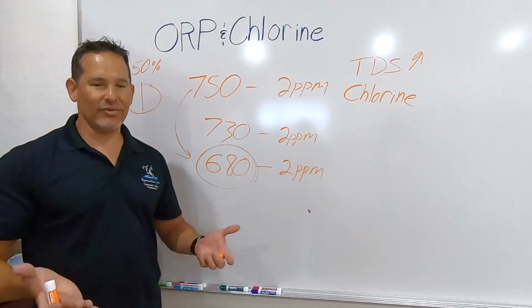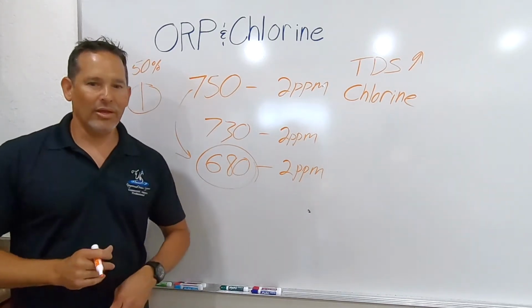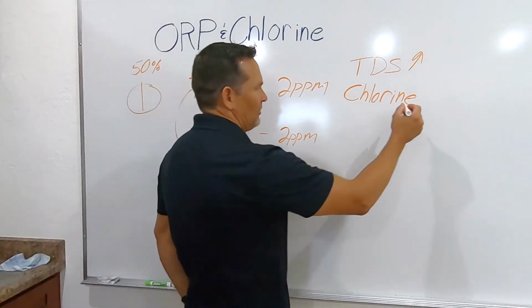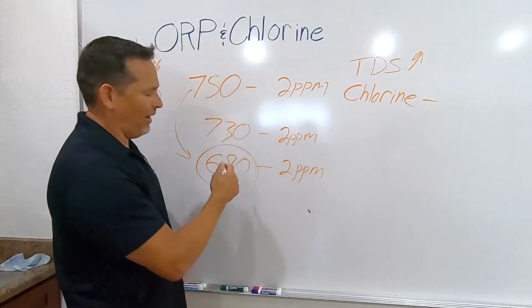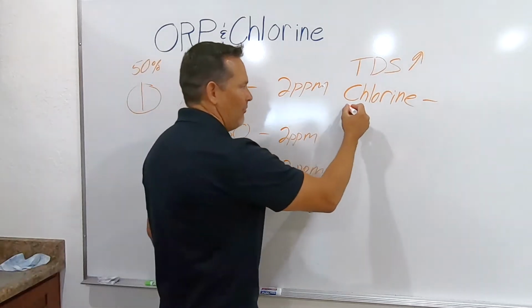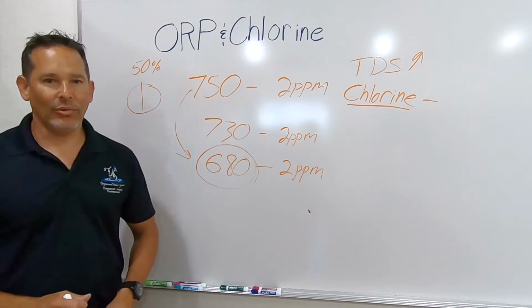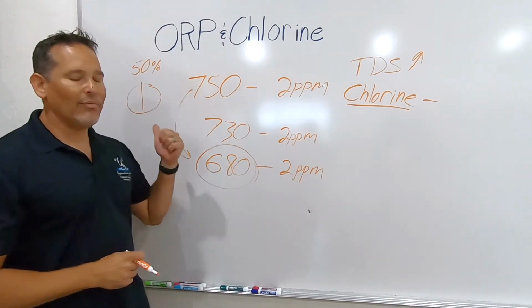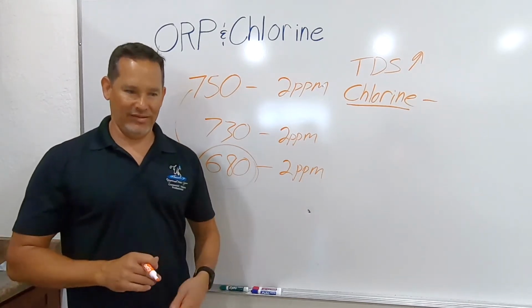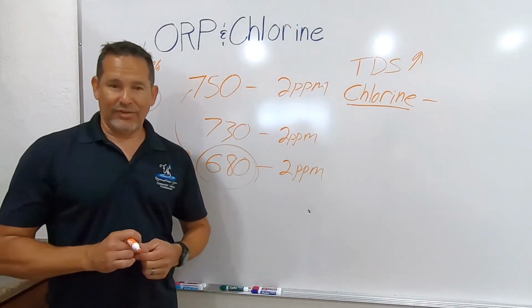That stabilizer, as it builds up in the water, is going to slowly lower your ORP level because it actually hinders chlorine from doing its job. Because you're using those on a regular basis and because you have a higher bather load, that's the reason why this ORP number dropped. You're adding more chlorine to the water, which is really bad chlorine in my book, but you're also adding more of the stabilizer, which lowers your water quality on a regular basis. I'm not saying that this could actually happen overnight, but I've seen it happen.